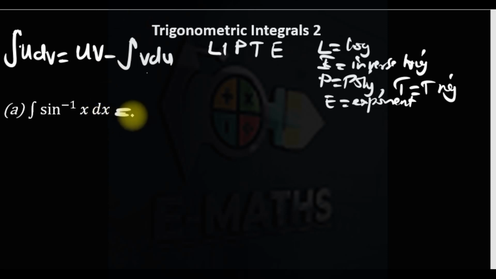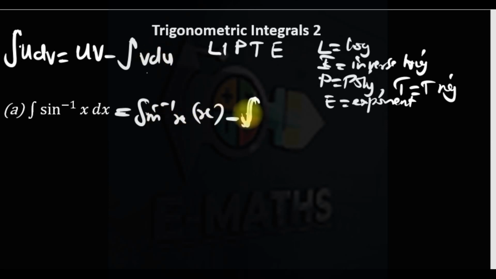So we're applying it now. So this is u, while our dv is dx. So the integral of u is sine inverse of x, and v is, if you integrate dx, you have x.